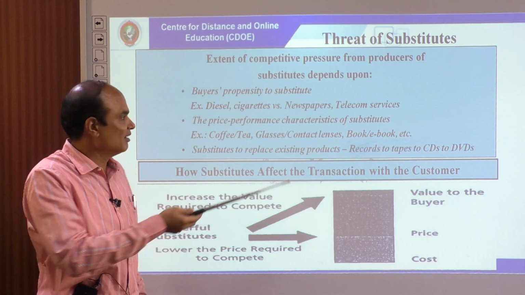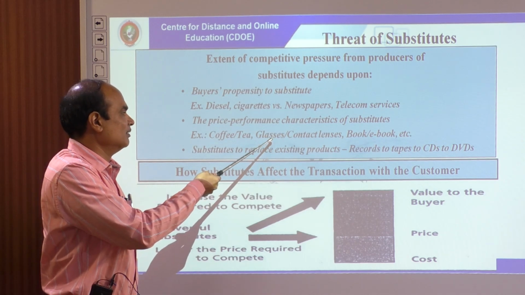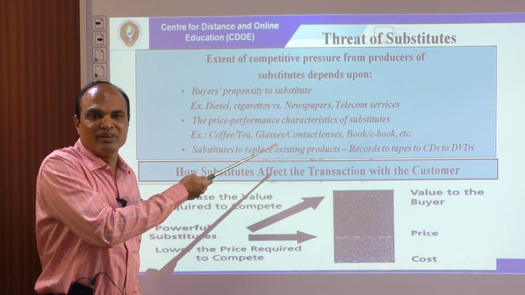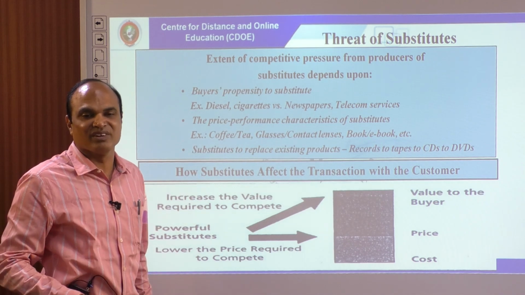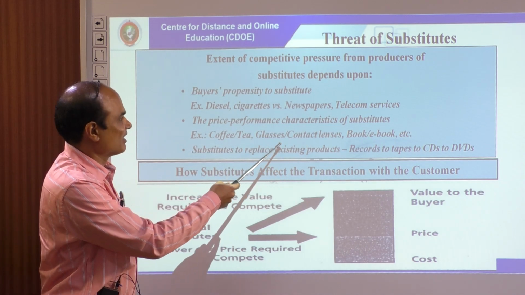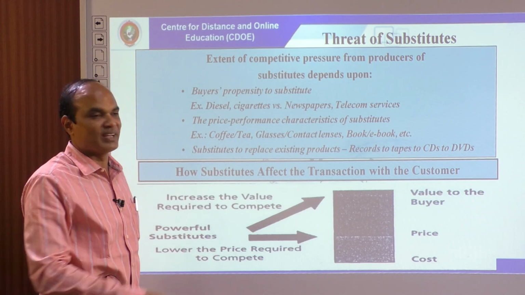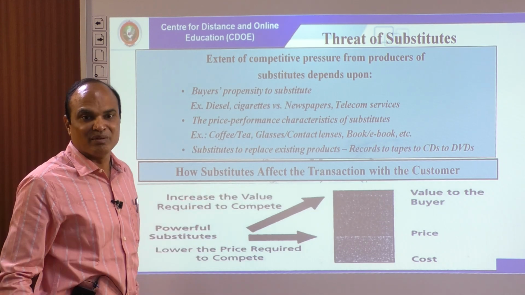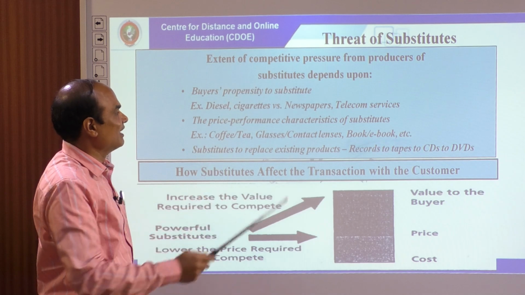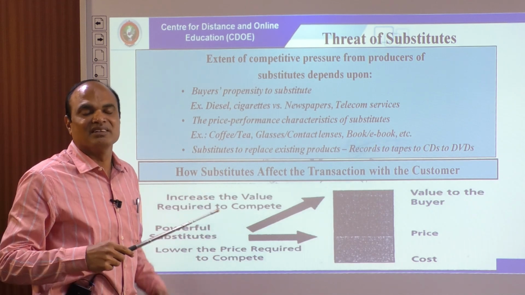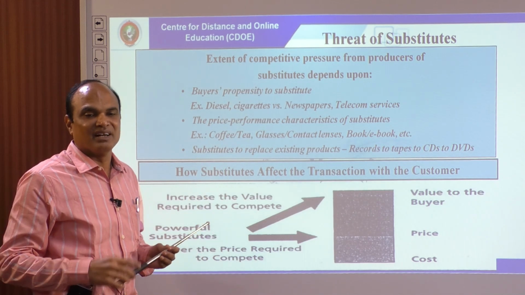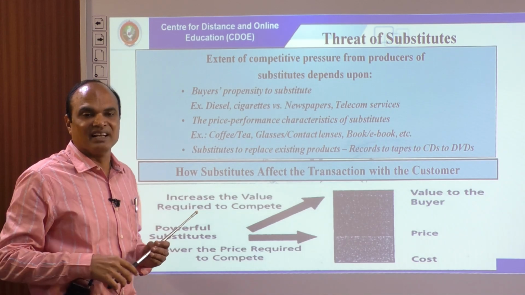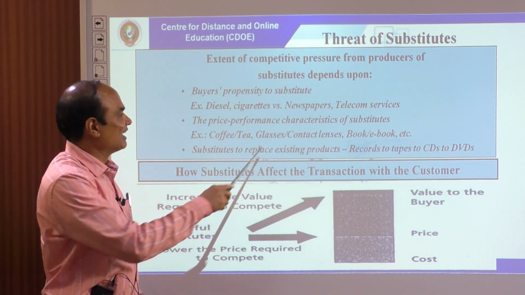in the price range of 300 to 500 rupees. So contact lenses are at least 3 to 4 times more expensive than regular glasses. But if somebody is looking at performance, like they want a good appearance, and they don't want to be seen wearing glasses, then they can switch over.